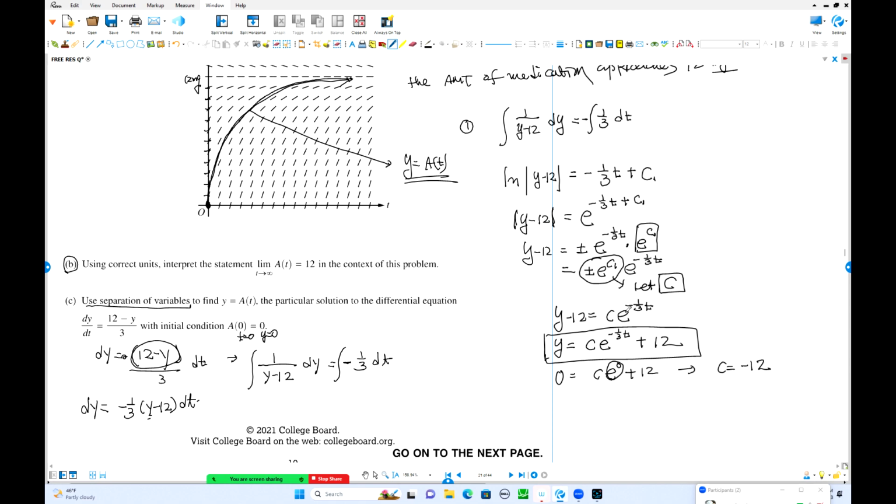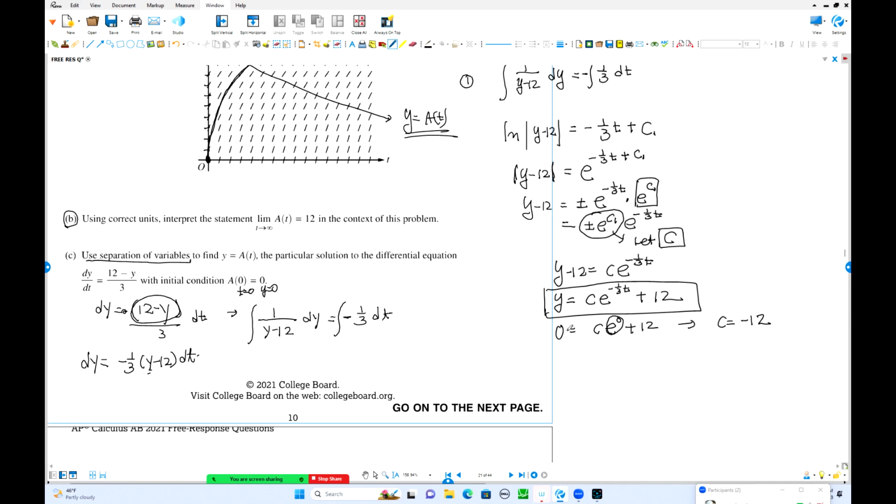So y equals 12 minus 12 e to the negative 1/3 t. That's the solution. That is a particular solution, satisfying the initial conditions.